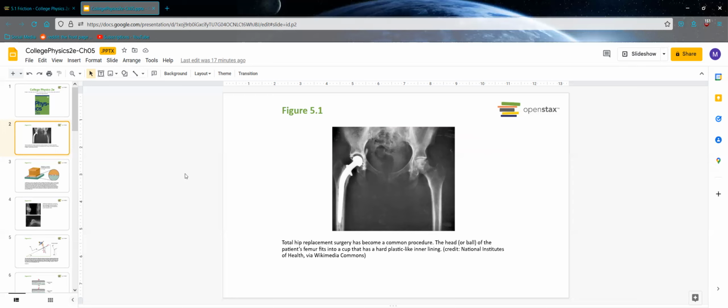Hip replacement surgeries happen very commonly, but it's very important that there is a very low level of friction in a hip joint replacement, for example, in order for it to function more or less similar to the original piece that it's replacing. If you replace a hip and the pieces don't move very well because there's tons of friction, I don't think the patient's going to be very happy that his hip barely moves.